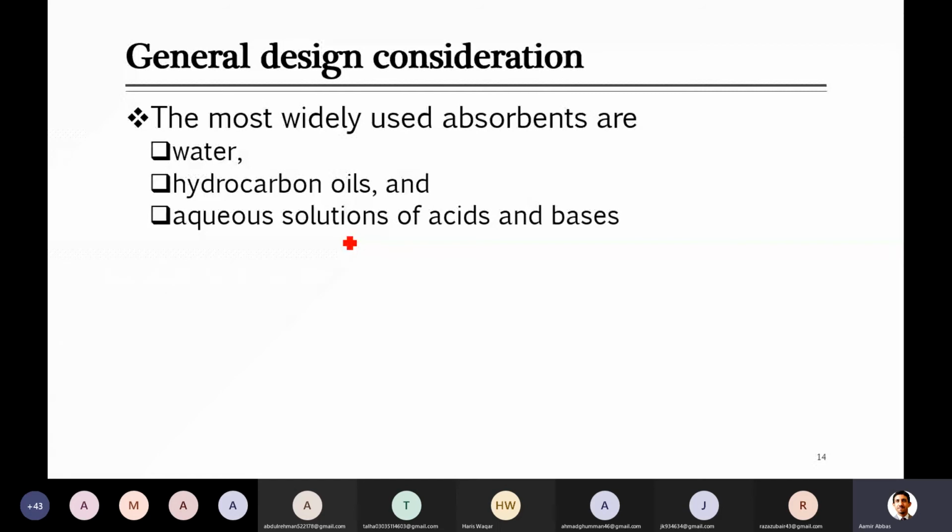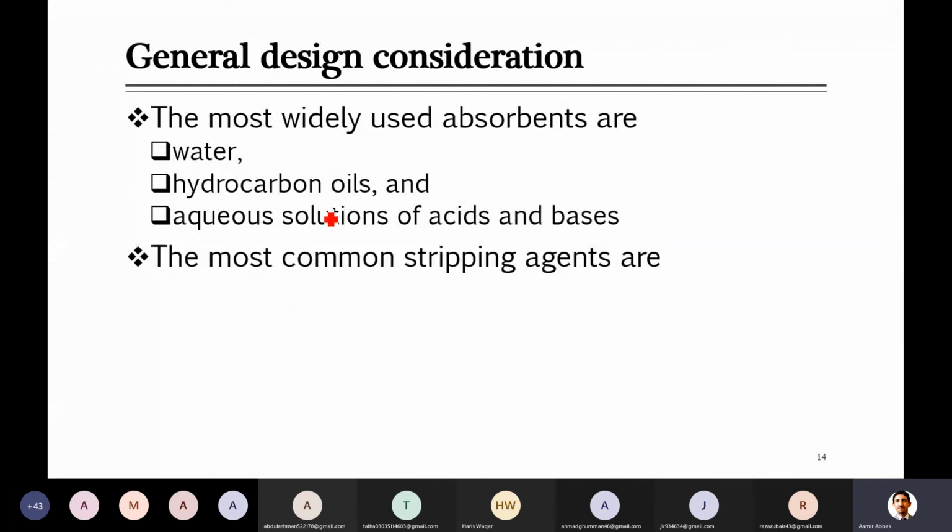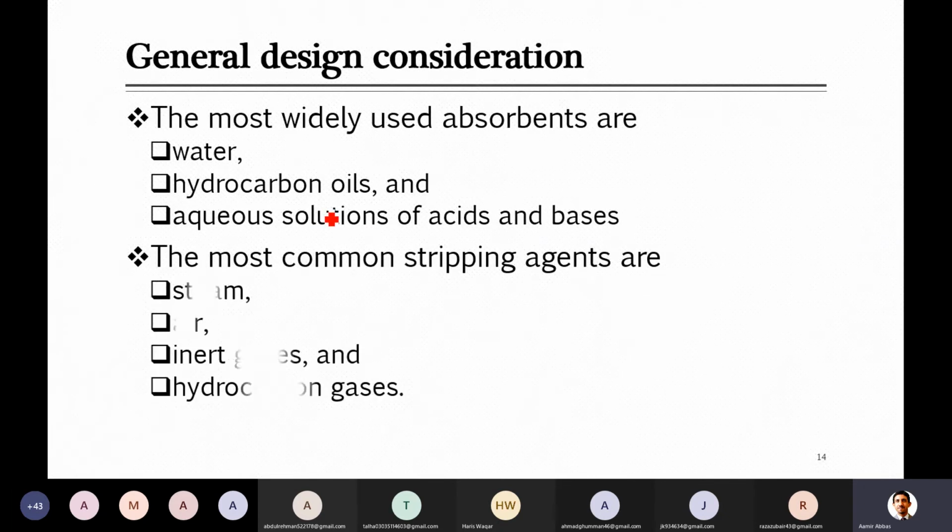Amine solutions, which we discussed, one was monoethanolamine or maybe diethanolamine. They are also used for removal or capture of CO2 in the natural gas industry. And then in the stripping section, as we have to strip those components from the liquid, as we discussed, we introduce some gaseous stream, and the one commonly used is steam.